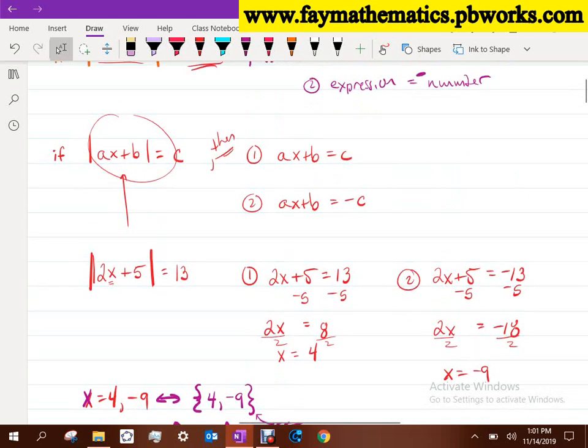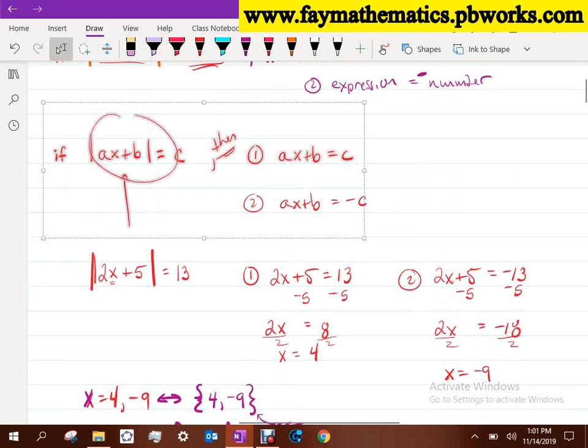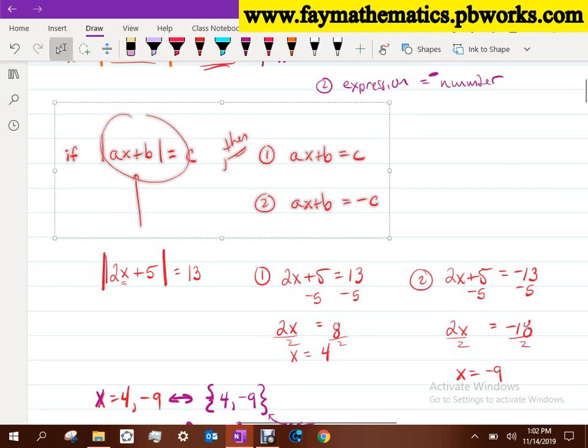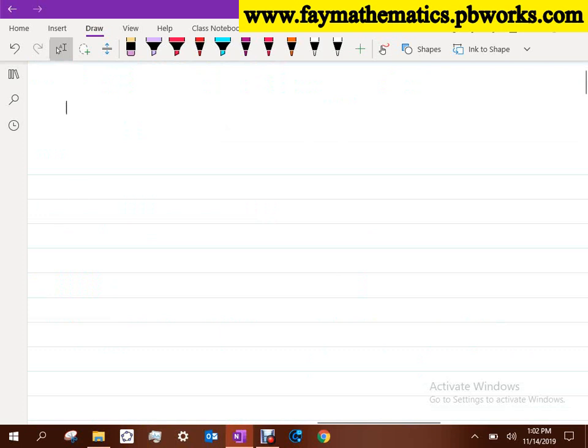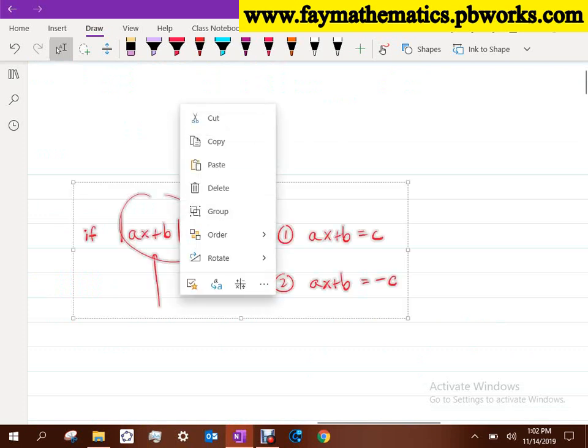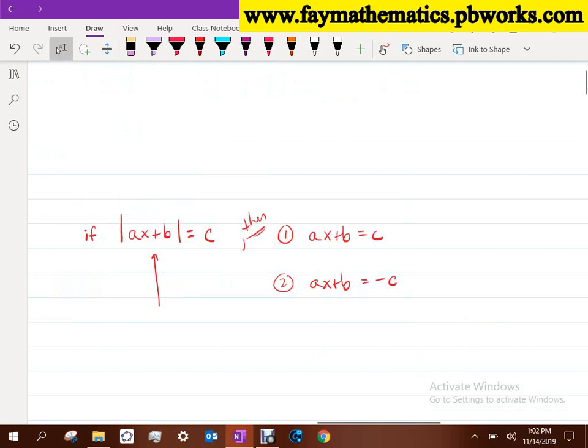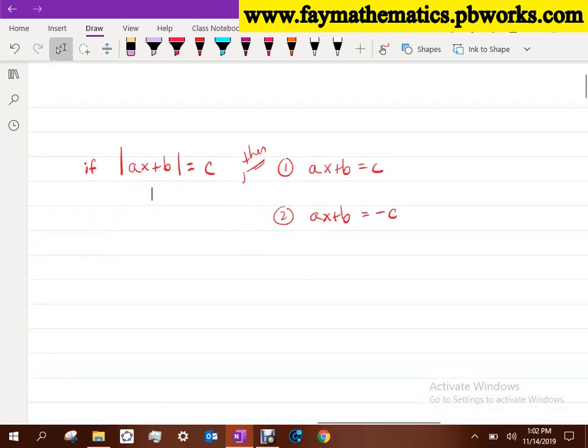What if I do this? What if we take this rule again. All right, let's say that we've got the absolute value of 3x minus 4 plus 7 is equal to, I don't know, 12.